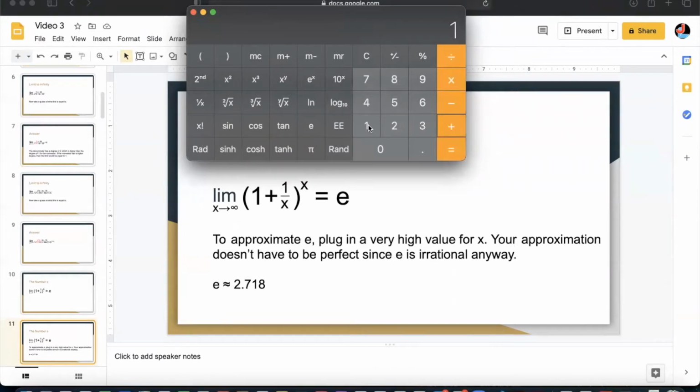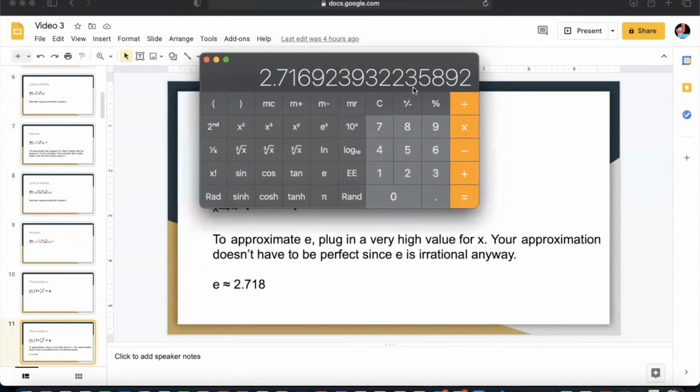So 1 plus 1 over 1,000 raised to the power of 1,000. And you see we get an approximation of e. And if we increase x, let's say this time, let's try a million, we get an even closer approximation. So you generally only need to remember the first few digits of e, 2.718.